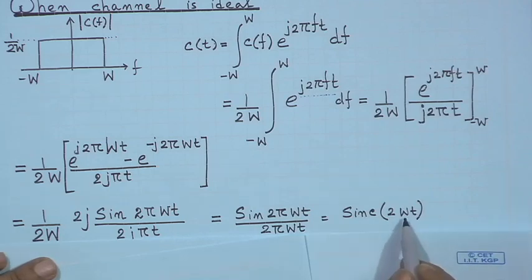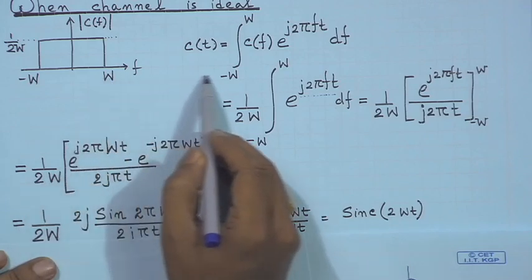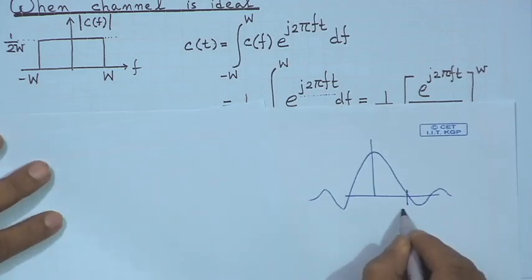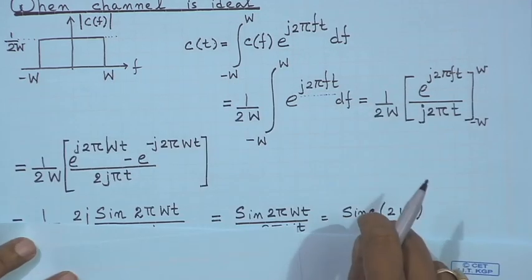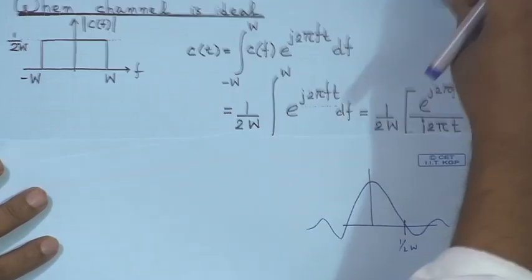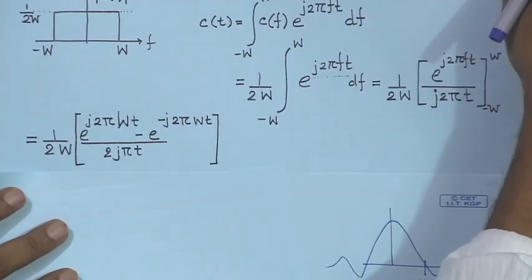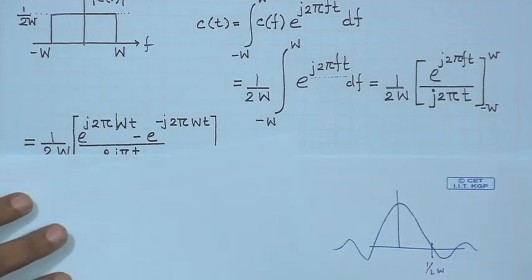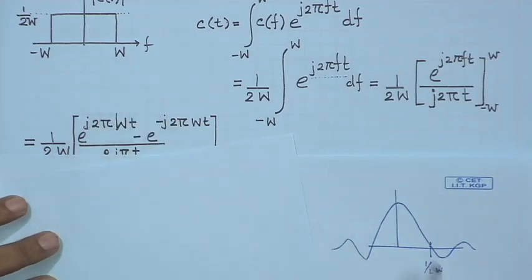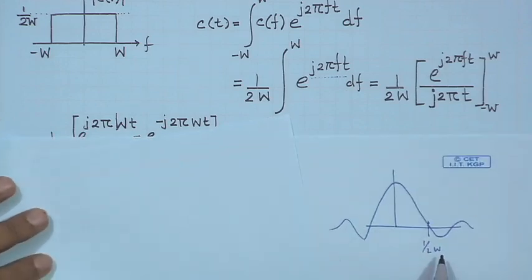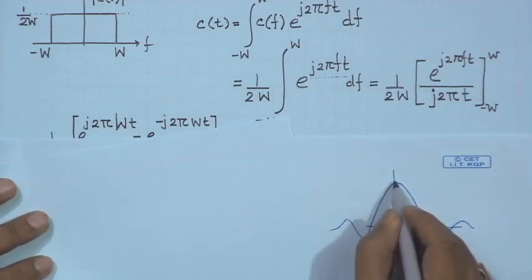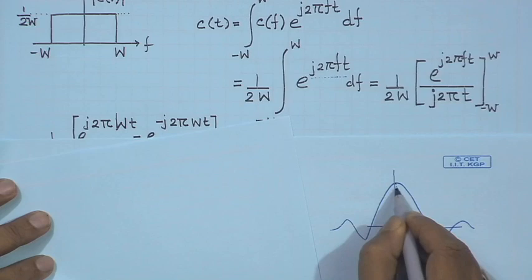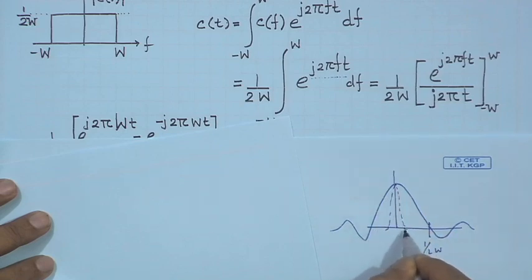So, what happens is, as I increase W, the denominator 2W grows, and if the denominator term grows, your sinc is going to come closer to the origin.